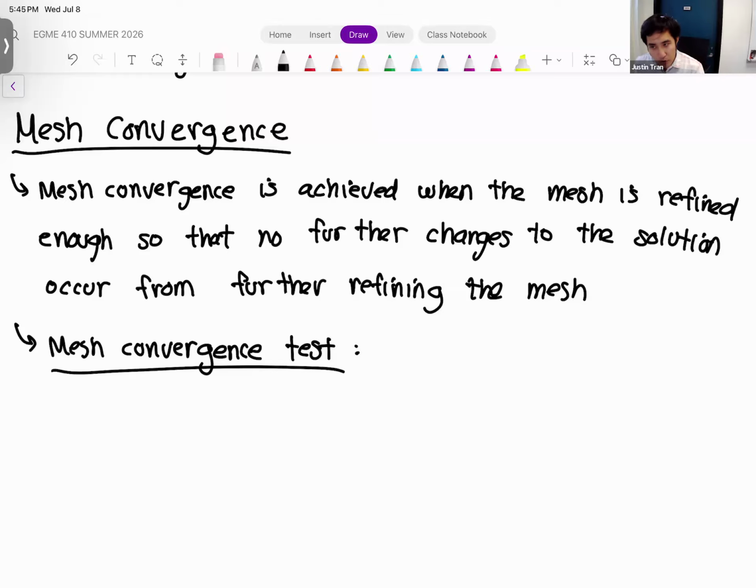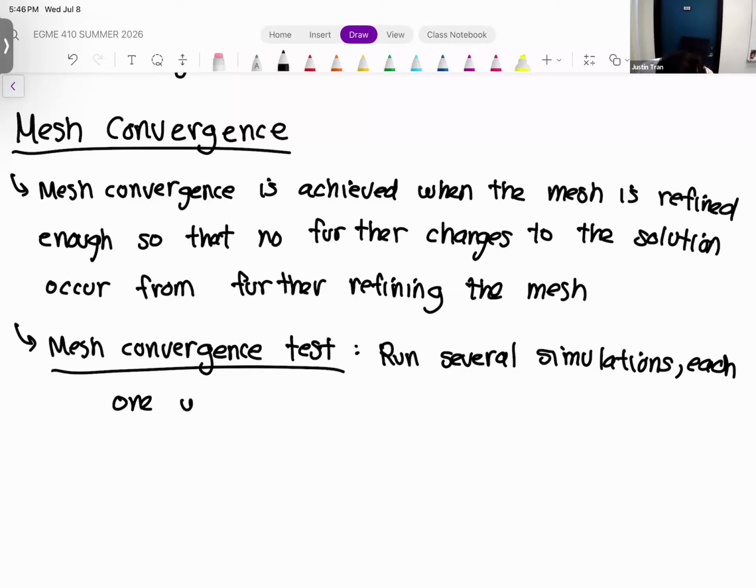The idea with the mesh convergence test is that you're going to run several simulations, and each time you run the simulation, you're going to refine the mesh more and more. You can do this as naively as just altering the global mesh size to increase the number of elements.